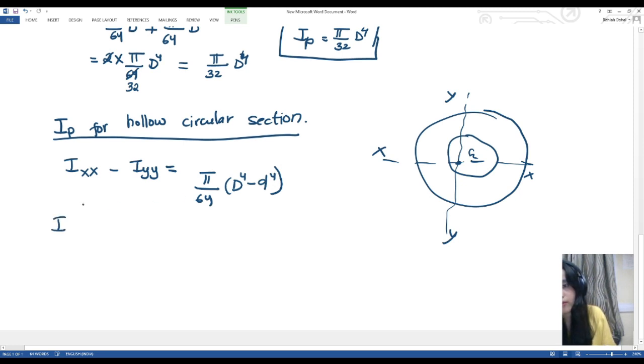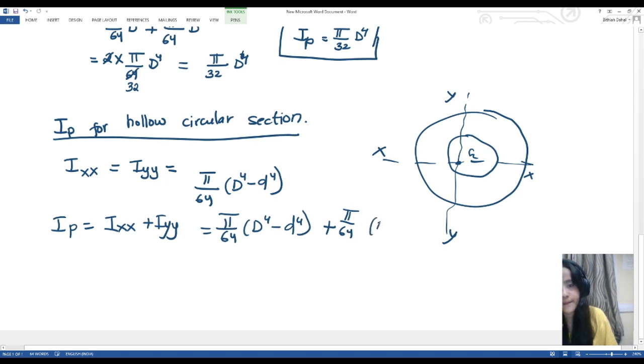So my polar moment of inertia IP will be equal to Ixx plus Iyy, which is pi by 64 into D raised to power 4 minus small d raised to power 4, plus pi by 64 into D raised to power 4 minus small d raised to power 4. So it is 2 times pi by 64 into D raised to power 4 minus small d raised to power 4.